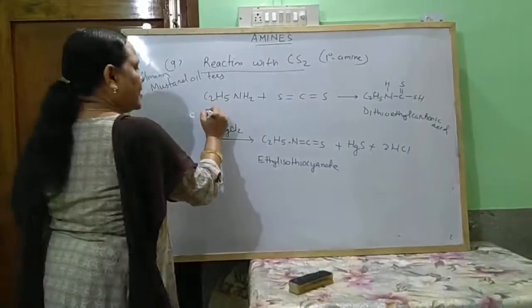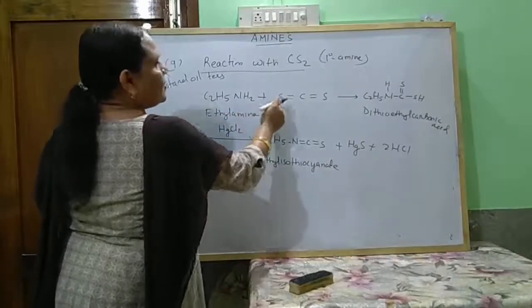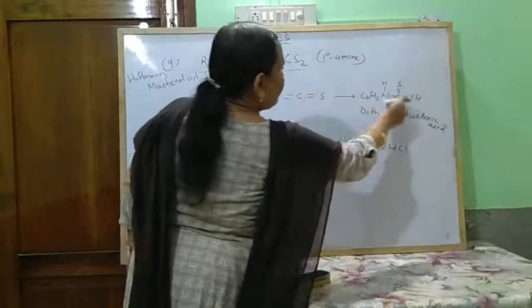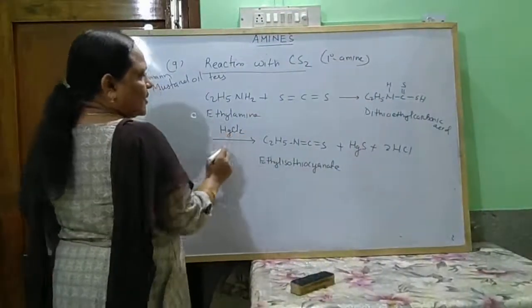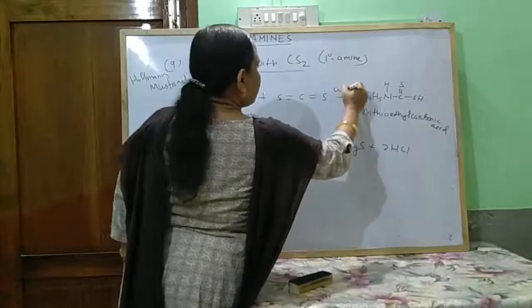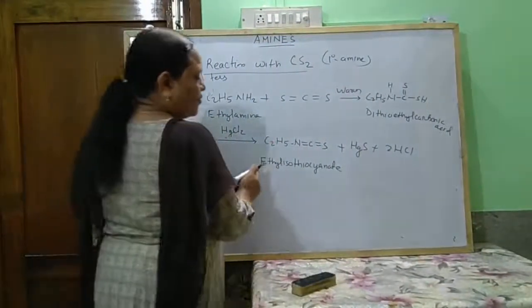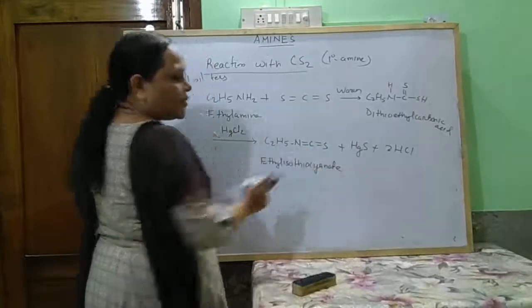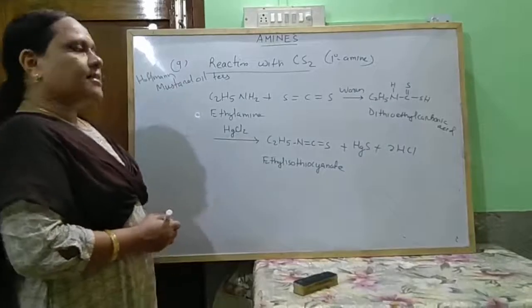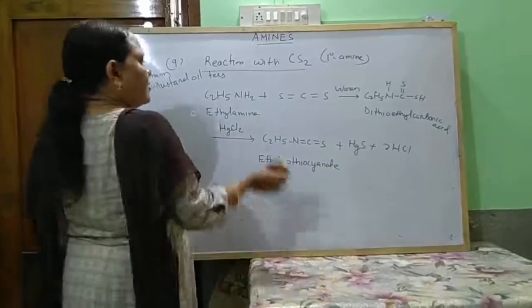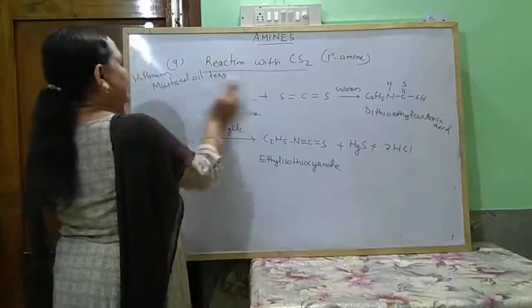This is ethylamine. So aliphatic amine reacts with this to form carbonic acid, substituted carbonic acid, which is decomposed with HgCl2. It requires some warming. Mercury chloride forms ethyl isothiocyanate. Aromatic amines react in a different way to form this aryl isothiocyanate.